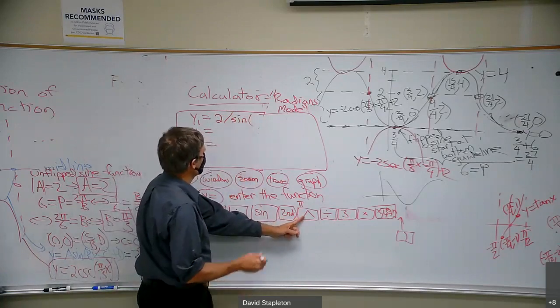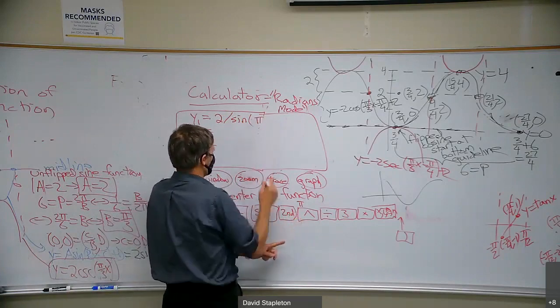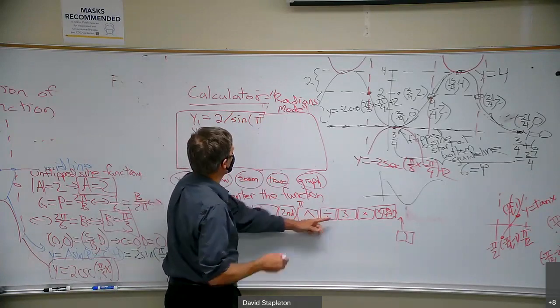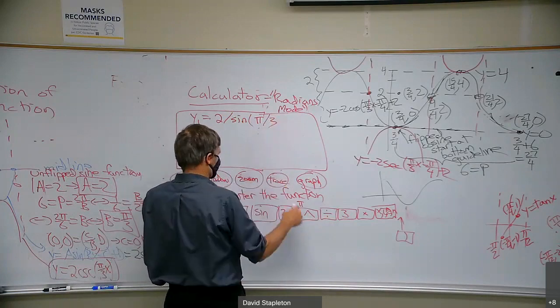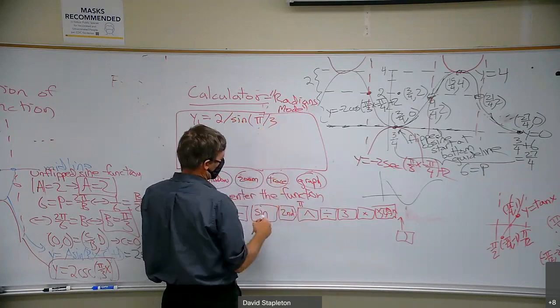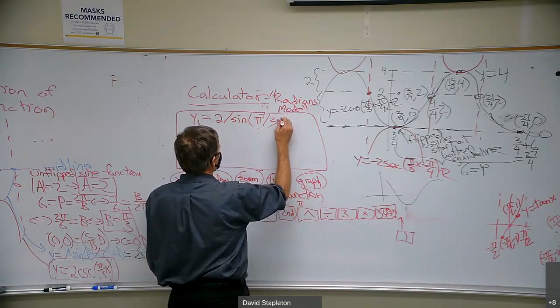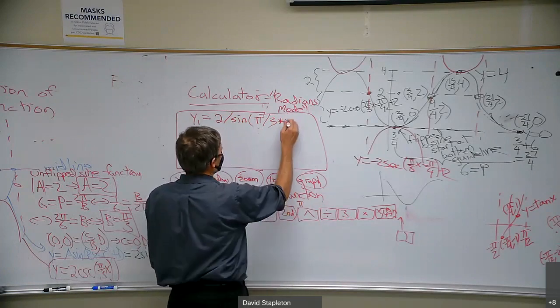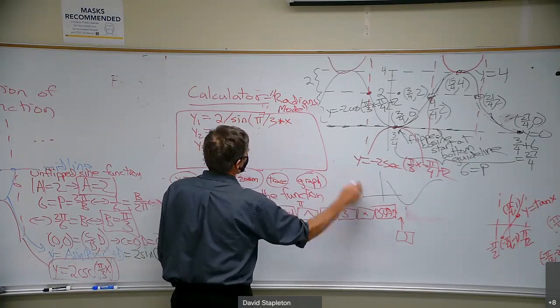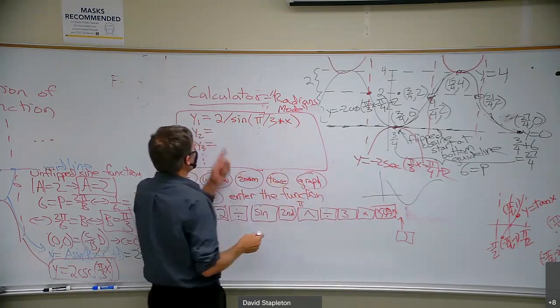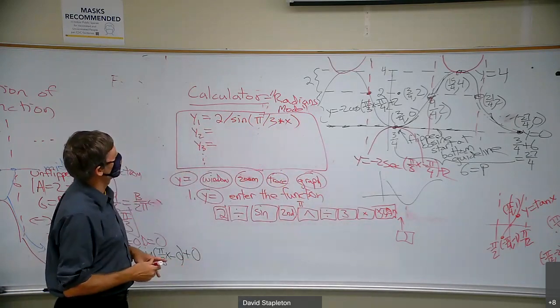Second caret puts a pi on the screen, and then divided by 3, it'll put slash 3, and then times x, will put an asterisk on x. When you push this one, it puts x, and then there's your closing parenthesis. This is what you enter here. You push the buttons to enter that.